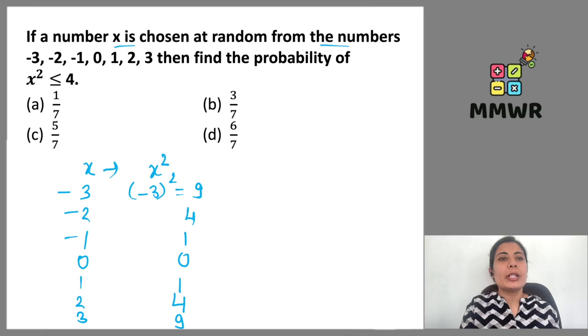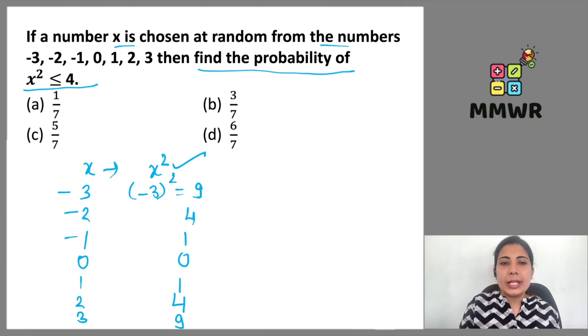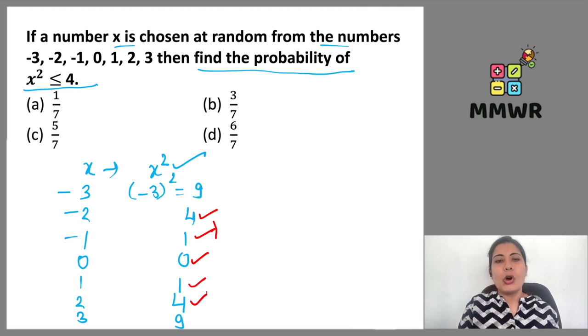So what we have to do here: a number x is chosen at random from these numbers, then find the probability of x square being less than or equal to 4. So we will be counting all those values which are less than or equal to 4. So 4, 1, 0, 1, 4. All these values of x square.